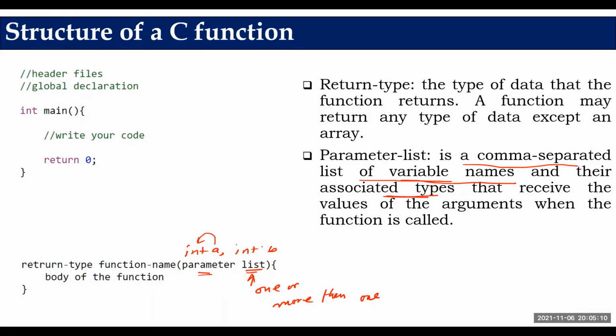Type of A is integer, type of B is integer. We can pass any type of parameter, and they will be called arguments to the function. So the parameter list is also called arguments. Correct?